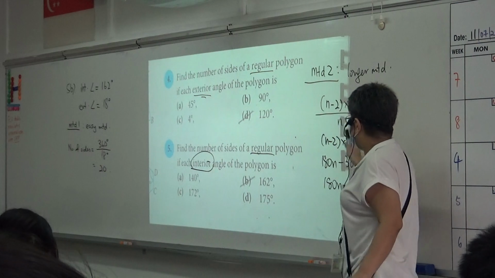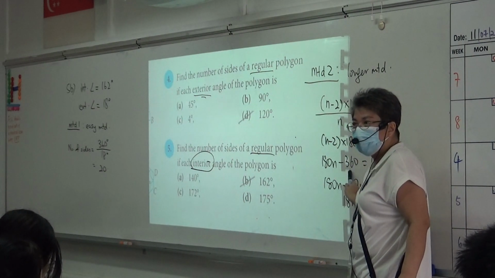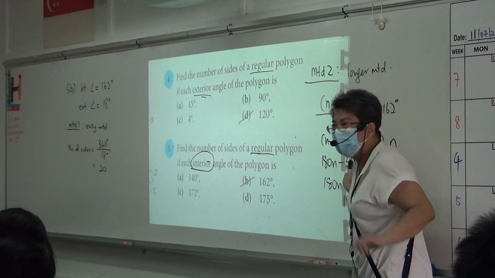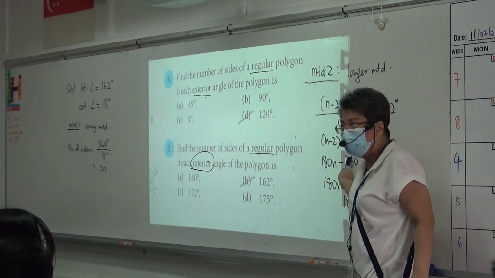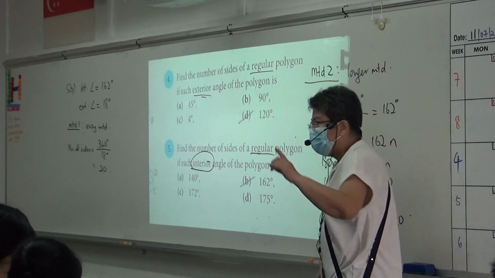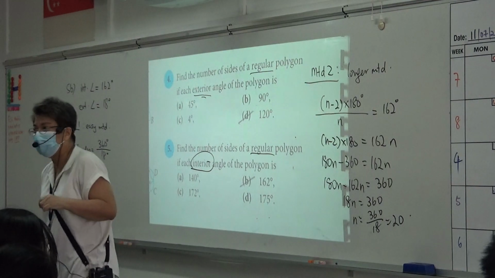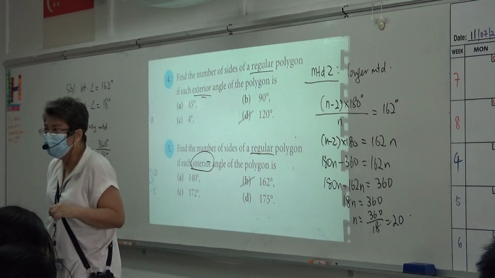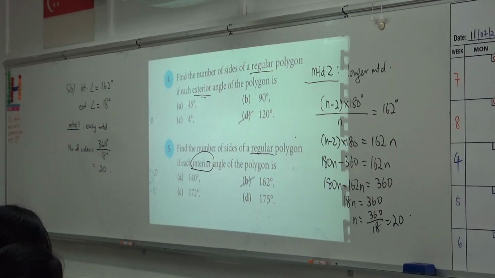When they open this up, they forget this is 360. They will put 180. Then bye-bye, the end of the world. Everybody clear what I'm saying? I'm telling you all this because I see all these mistakes in the exam and in the workbooks. Do you follow? Alright. Next question.